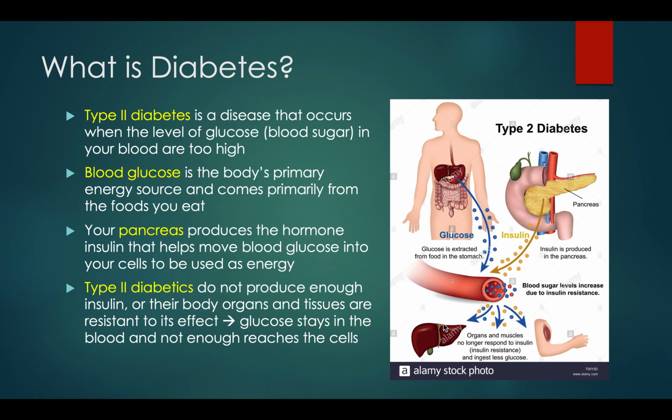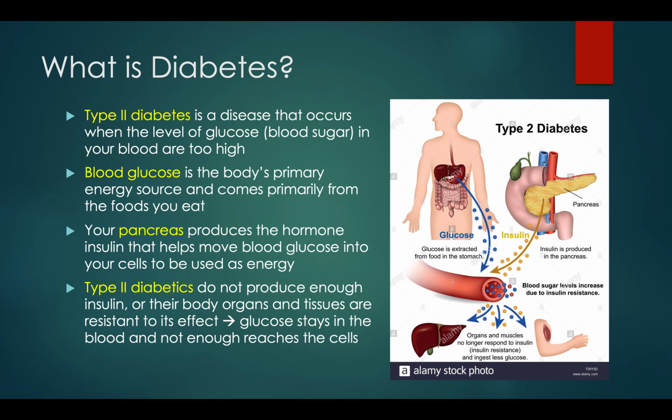And when we consume the foods, our pancreas produces insulin, a hormone that helps move the blood glucose into the circulatory system and then into cells to be used as energy.